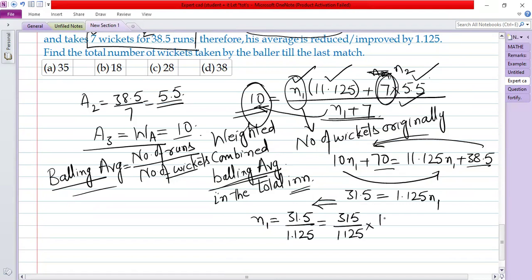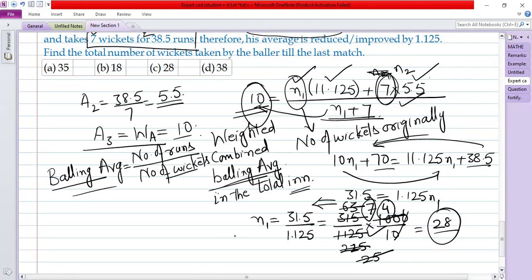Now it is just merely some calculations. Here it will be 1,000, here it will be 10, so this will cancel out. Here we can cancel 5, 6, and 3. Here once again 2, 2, 5. So actually now 9, 7, 63 and 9, 25. So 25 and 4, so here 7 into 4, this is 28.